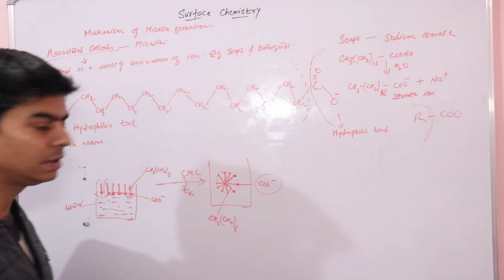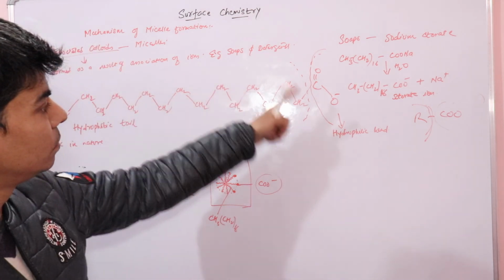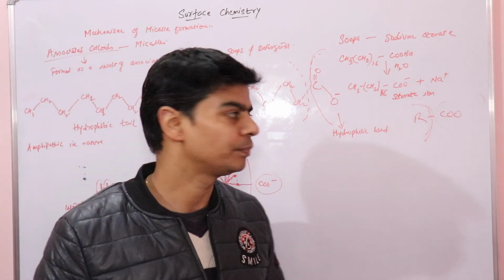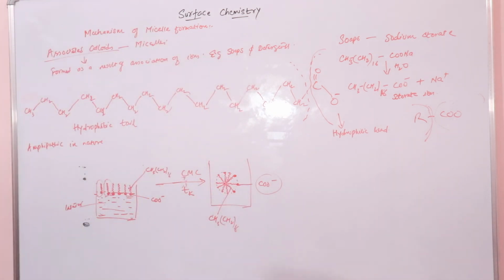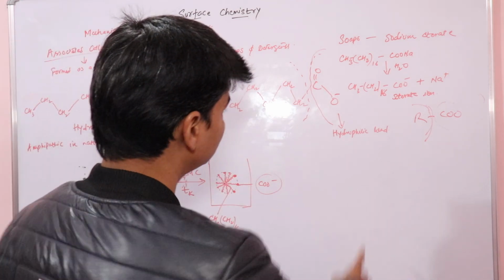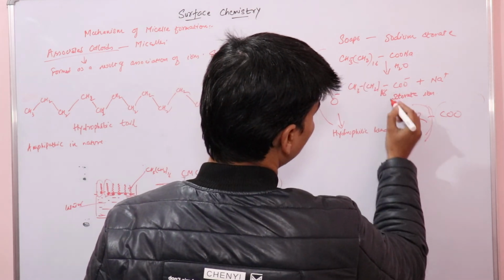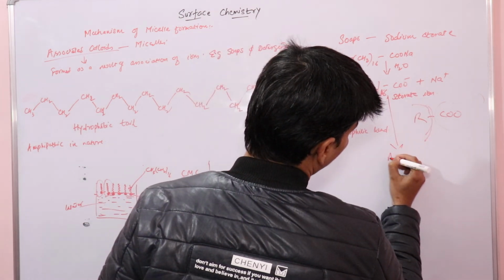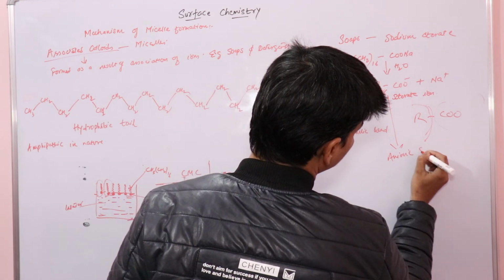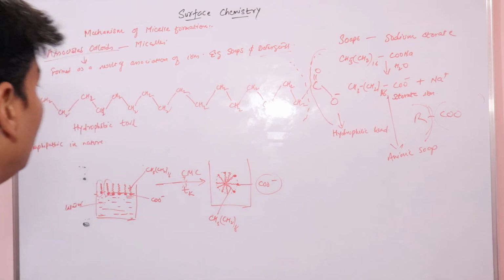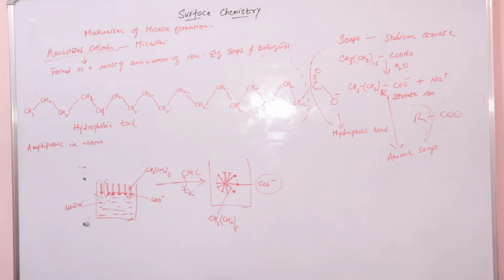And to understand the cleansing action of soap, again we need to be good with the understanding of the structure of these stearate ions. This is an example of anionic soap. I said that detergents are also examples of associated colloids or ionic micelles.